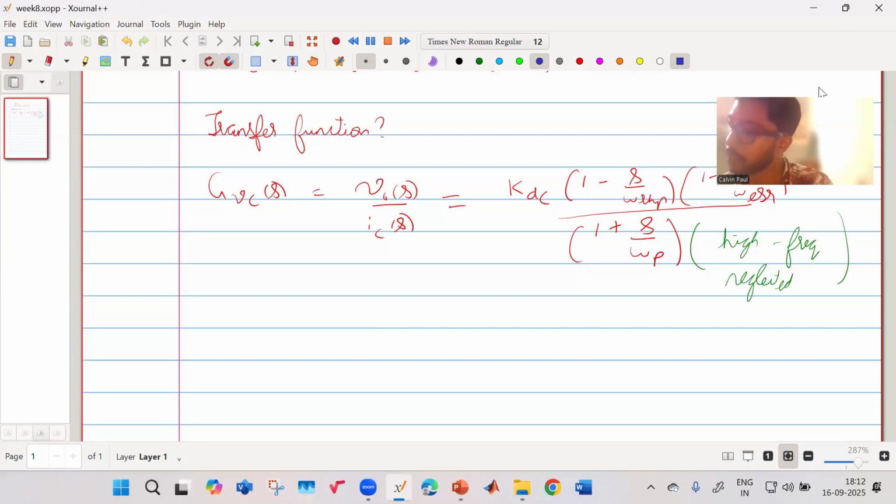So now in this transfer function, which you have to remember, your DC gain for a boost converter is given by R into 1 minus D upon 2.